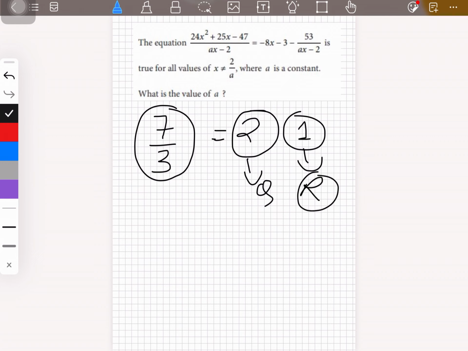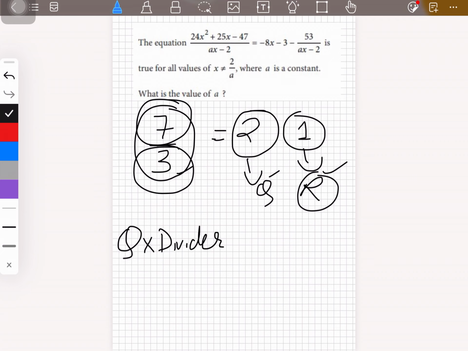So if we want to address 7, the number getting divided by 3, with respect to quotient, remainder and divider, then what we can do is quotient into divider, I think it is known as divisor, plus the remainder, is equal to the number 7.